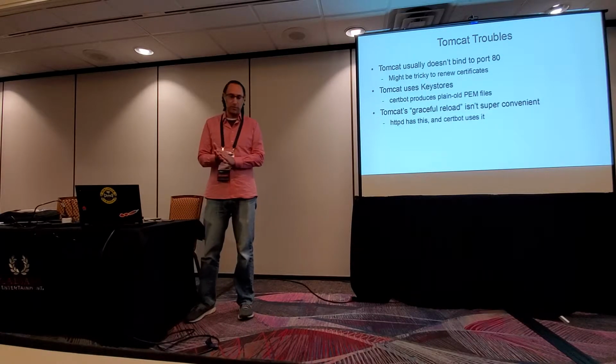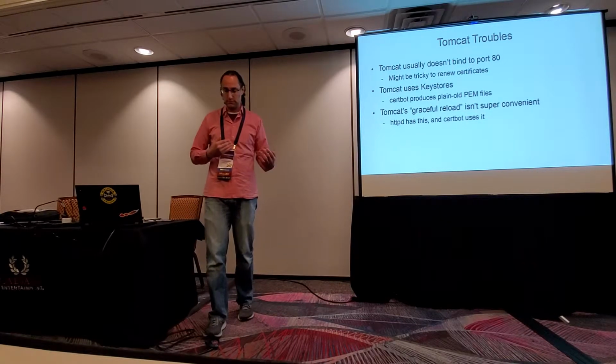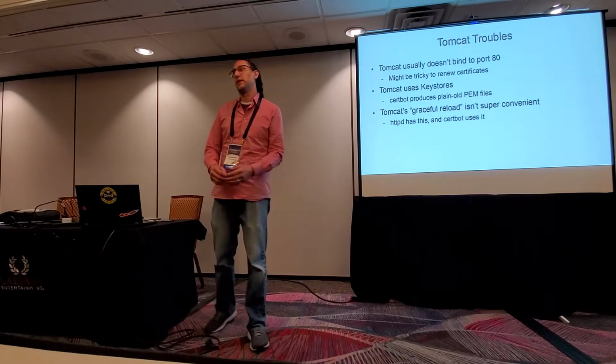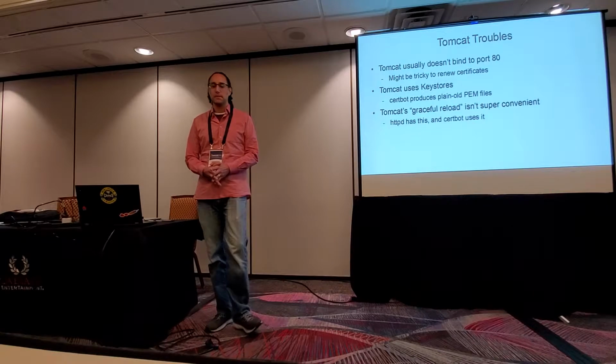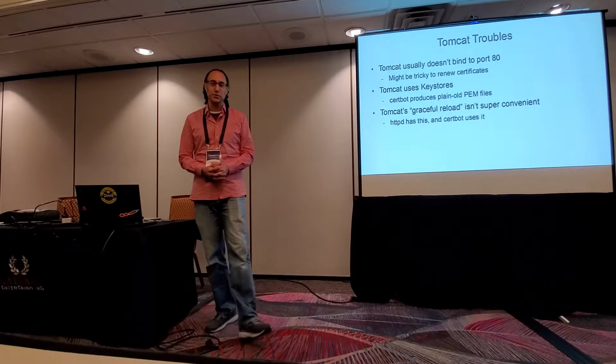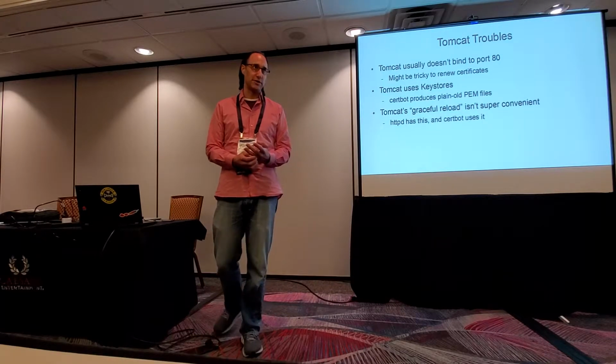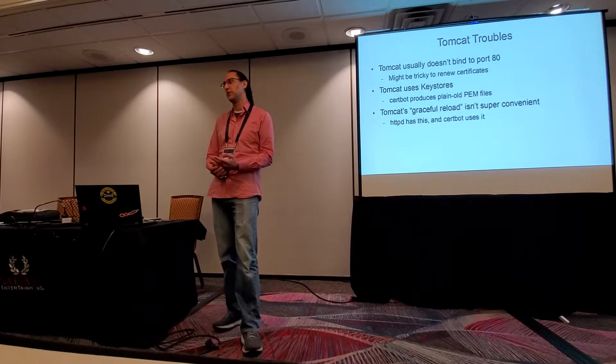So a couple of problems with Tomcat can complicate this process. Generally nobody's running Tomcat on port 80. Let's Encrypt needs to do its domain validation by making a request to that domain, and it requires that it be done over port 80.